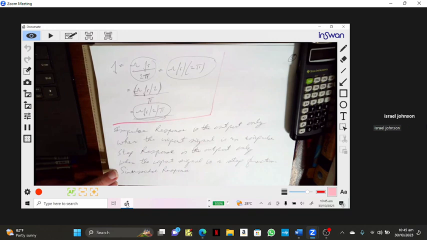That would be the output when the input, only when the input is a sine wave. Only when the input signal is a sine wave. Why are you not saying that? You did it last time when there was a step. You said only when the input's a step. No, only when the input signal is a step function.